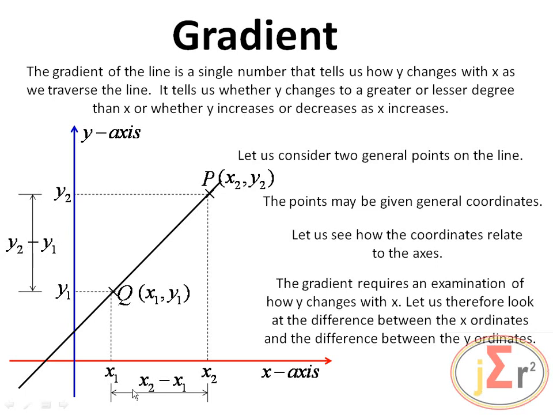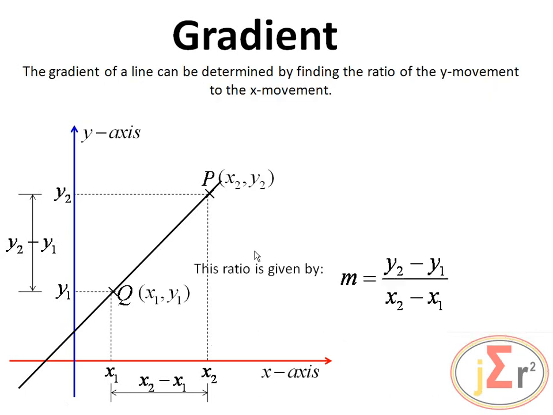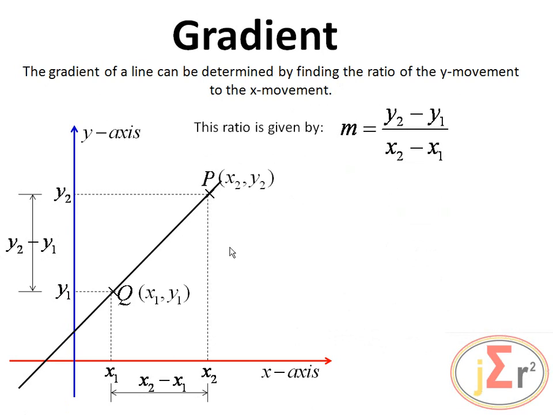And the difference here is x2 minus x1. This ratio is given by m is equal to y2 minus y1 over x2 minus x1. Right? And this is why we have done it.